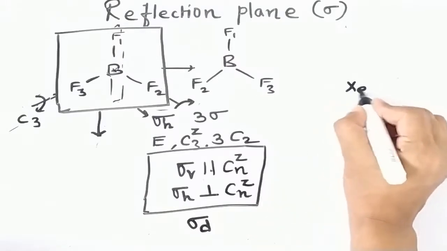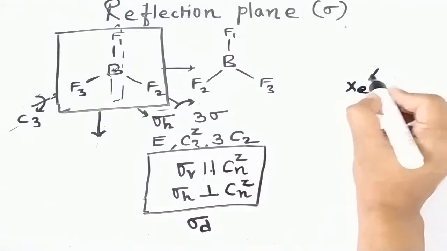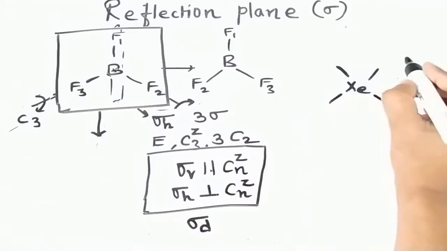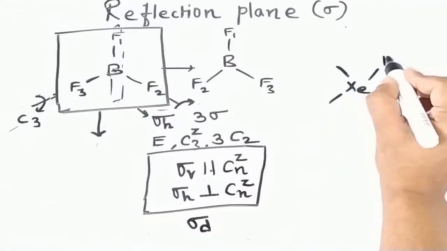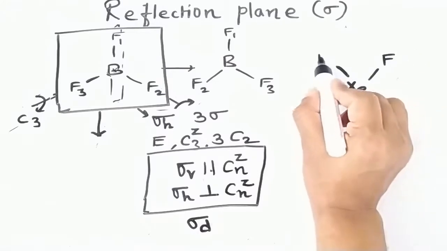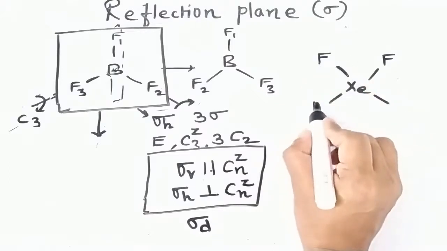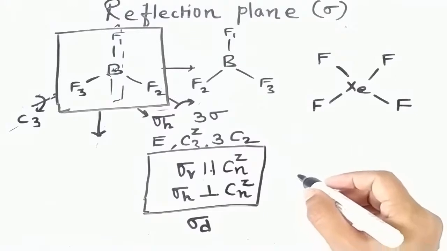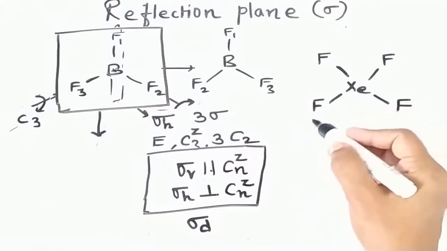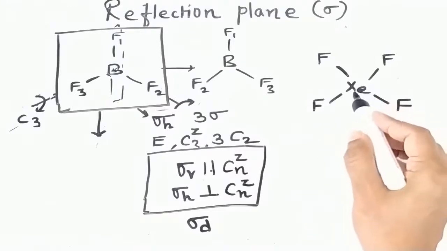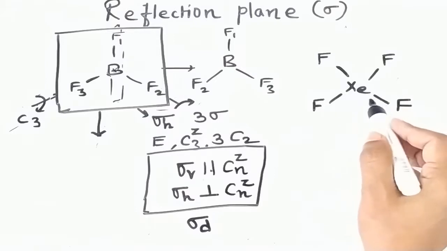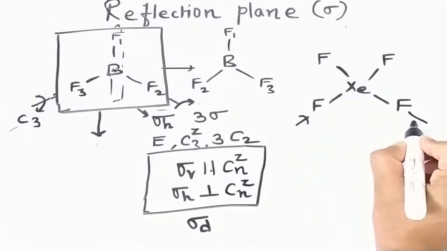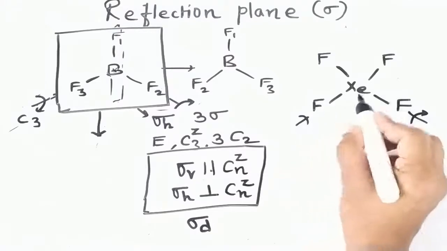In xenon tetrafluoride, we have seen there was a presence of a C4 axis, and in that particular molecule, a plane which lies between the x and y axes, or as we have not defined x and y axes here, the plane which passes through two C2 axes.